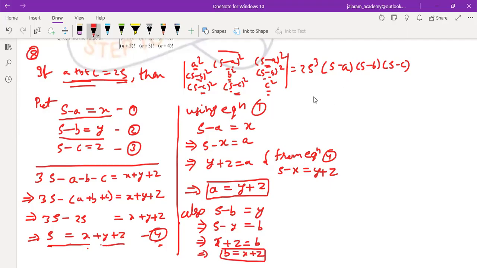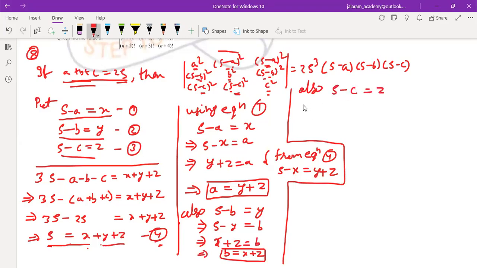Similarly, to find the value of c, we again use equation 3, which is s minus c equals z. So s minus z equals c, and from equation 4, s minus z equals x plus y. So we have calculated the value of c in terms of x plus y.